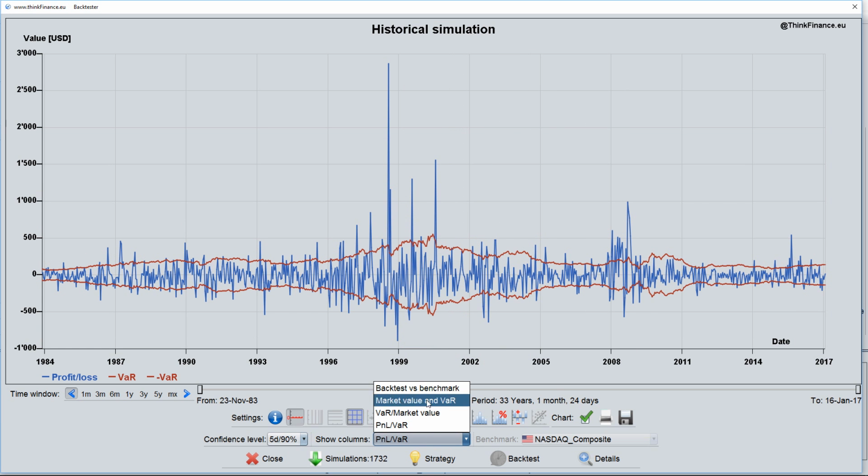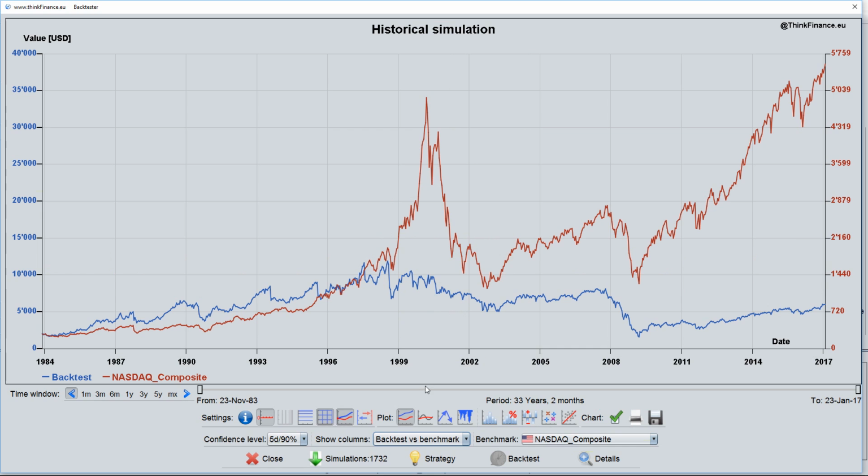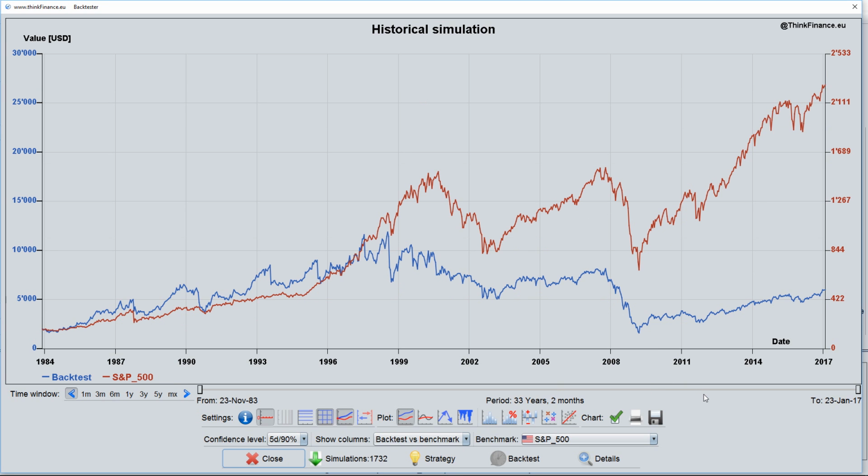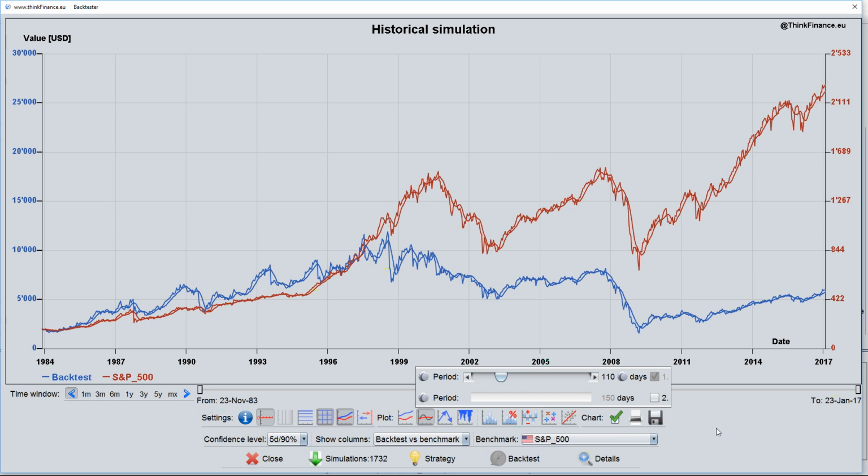So let's move back to the market value plot. Now you can also choose the benchmark you want to compare your backtest to. For example, I can choose here the S&P 500. And it's important to mention that you have all the standard plotting functions of thinkFinance here. For example, you can add moving averages to your plot.